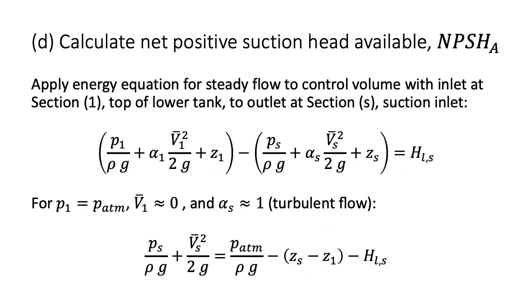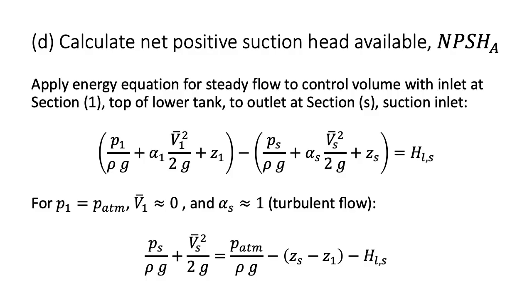For Part D, to calculate the net positive suction head available, we begin by applying the energy equation for steady flow to a control volume with an inlet at section 1 at the top of the lower tank, which is the same as before, to section S at the suction inlet to the pump. Thus, we need to determine all the head changes up to the suction inlet that determine the pressure at the suction inlet.